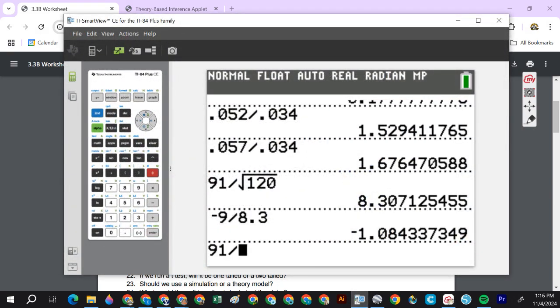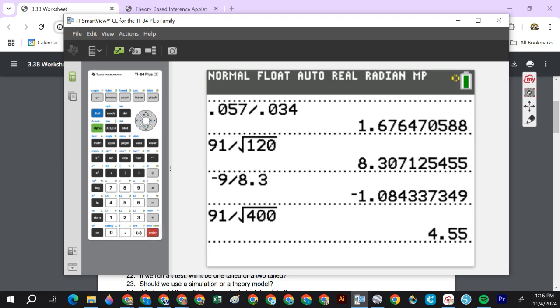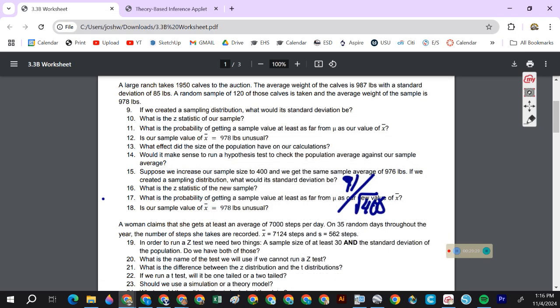So 91 divided by the square root of 400 is 4.55. Why did it go down? So the more people you talk to, the more cows you weigh, the narrower your sampling distribution becomes. Okay? All right.